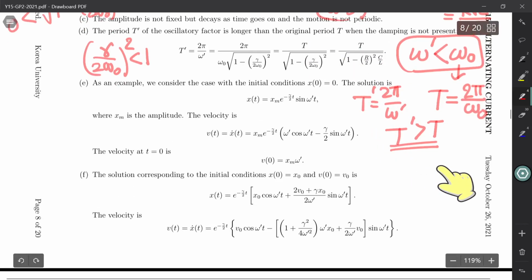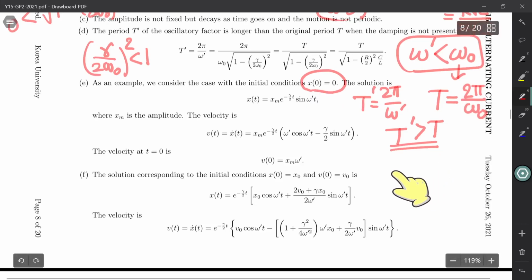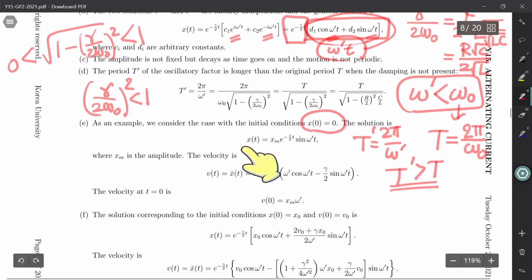For example, we consider a simple case. The object, the mass, is at the origin at t equals 0. Then we have this kind of expression.